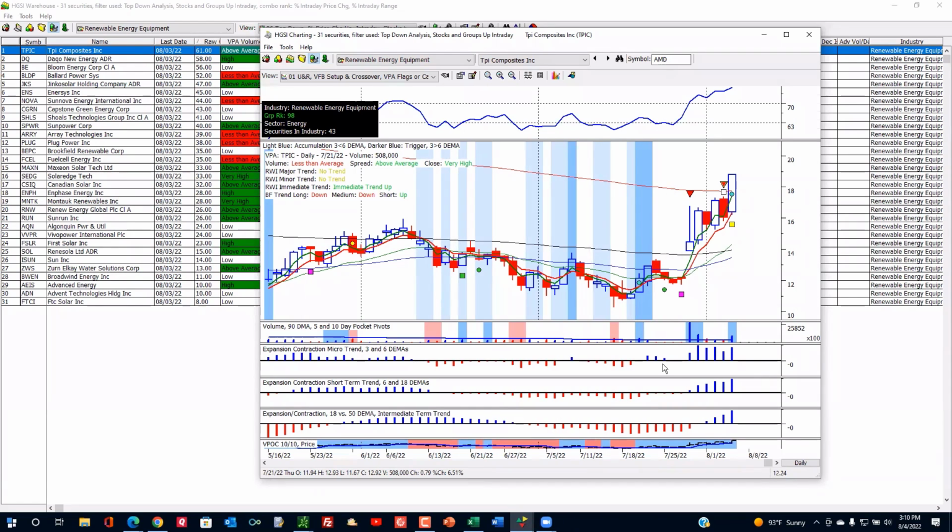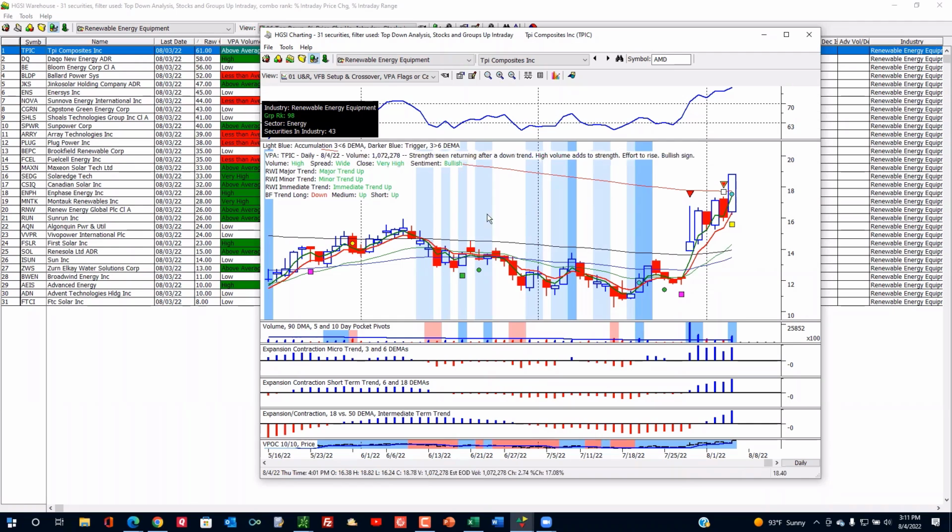We had a pullback, but it didn't pull back enough for the 3 to cross down through the 6. Then we had a gap up, sold into this short-term profit taking, but notice how the 3 has stayed above the 6 this whole time. And if you use the 3 and 6 as a stop out point, this trade would have still been good.